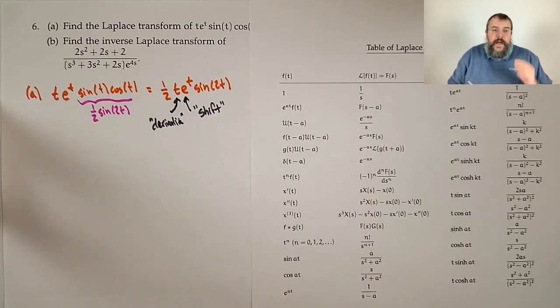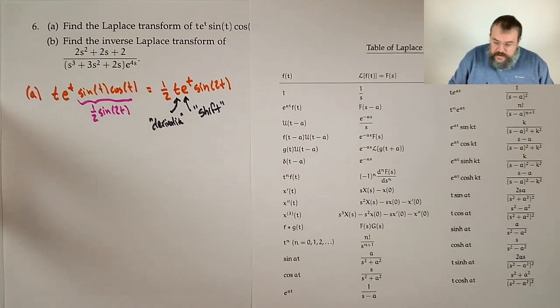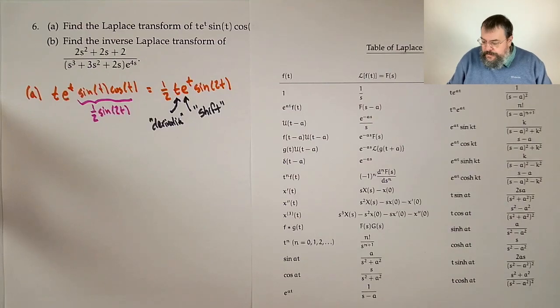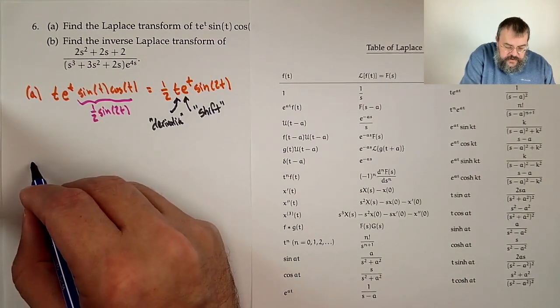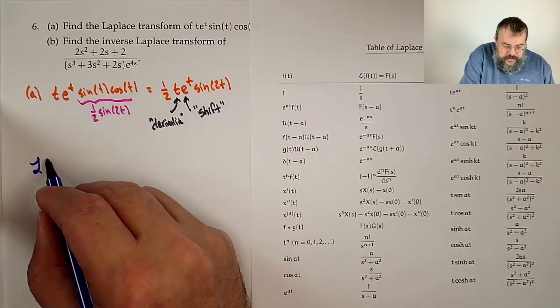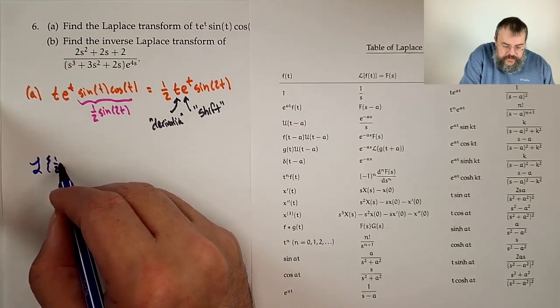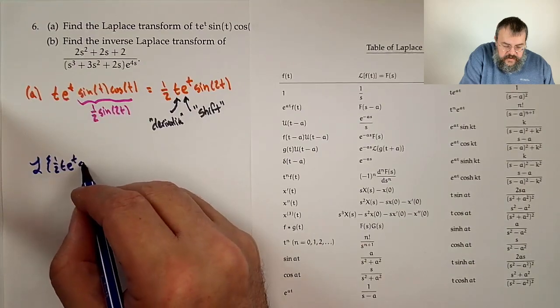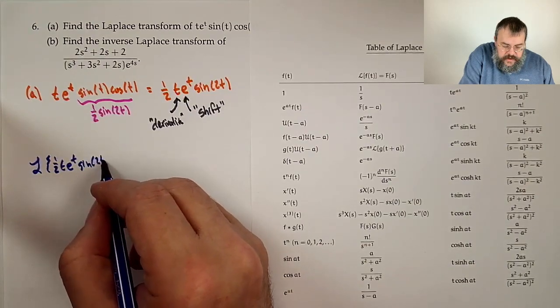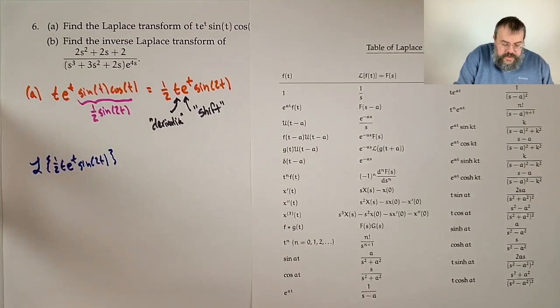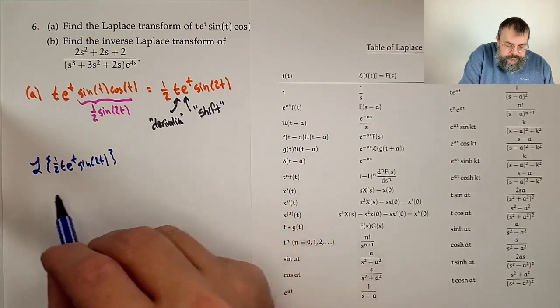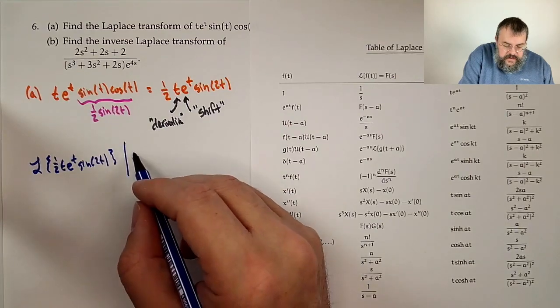And let's see, yeah, it's still on, we can still see it. What do we have? Well, we get the following. We can say the Laplace transform of our 1/2 t e to the t sine 2t. Well, let's be careful here. We'll come back to that in a second.